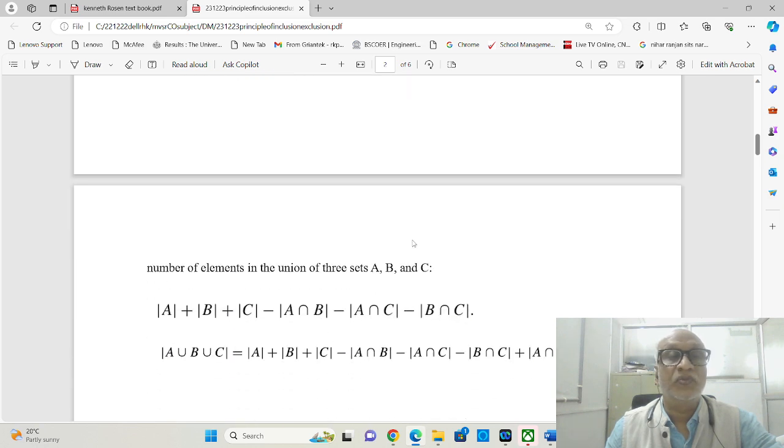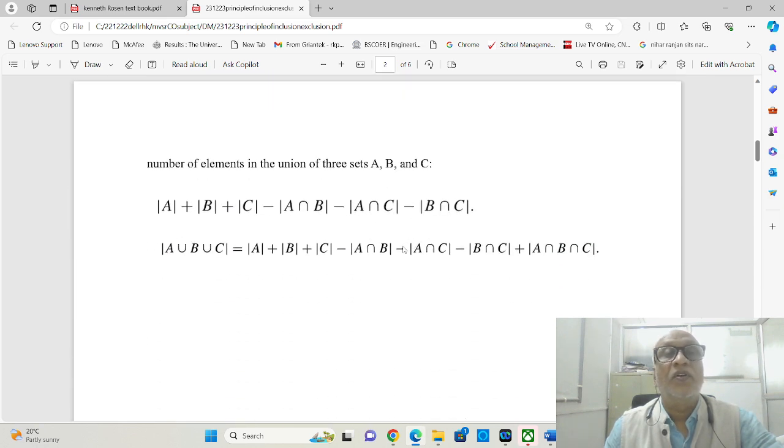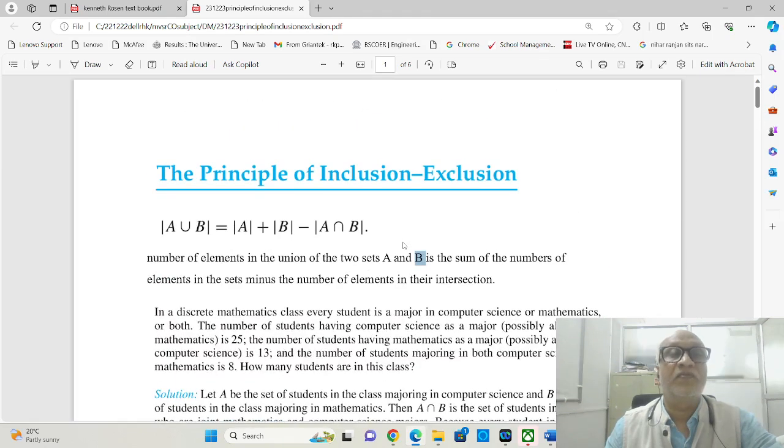So we had seen this formula for two sets, sets A and B, of principle of inclusion exclusion.